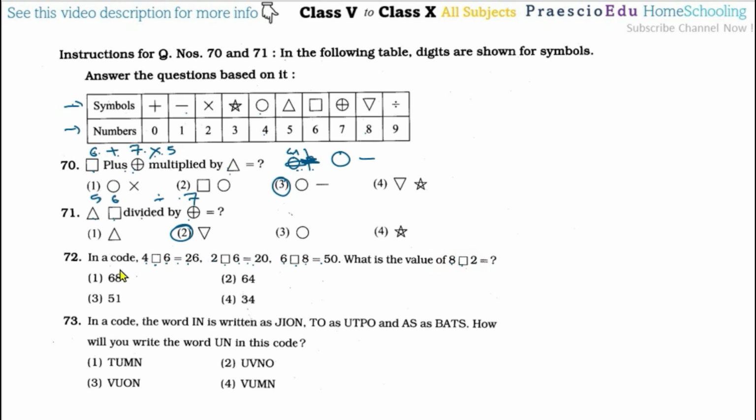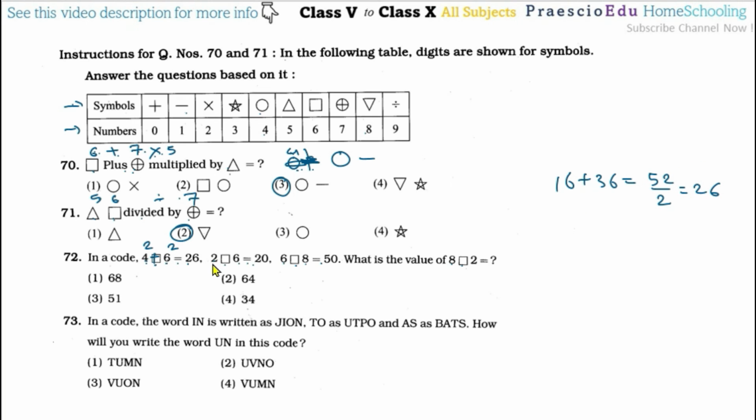Now here, if you do the relations, 4 squared and 6 squared, and then we make the addition, 16 plus 36 is 52, and here 26. So we divide it by 2, that is 26.